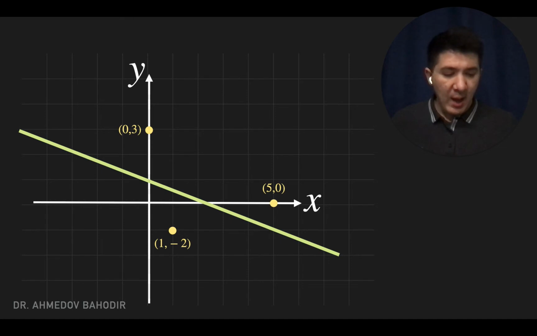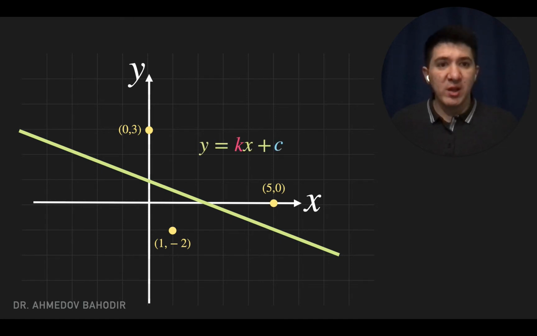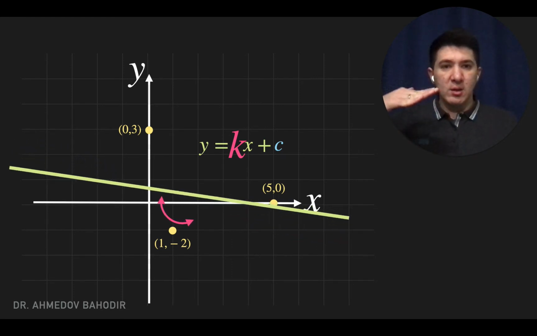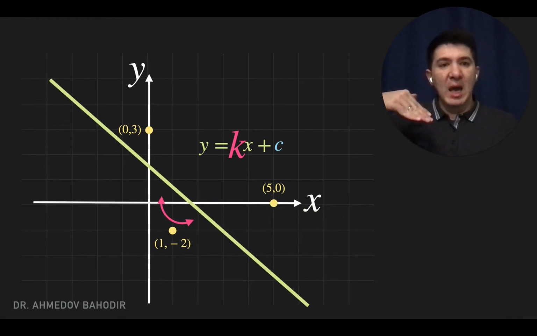And what does it mean that this is going to fit in the best way? We are going to play with the parameters of this line. Any line is going to be written as kx plus c, right, where k means the slope of this line. So we can rotate this line a little bit. This is how we control it with the values of k.